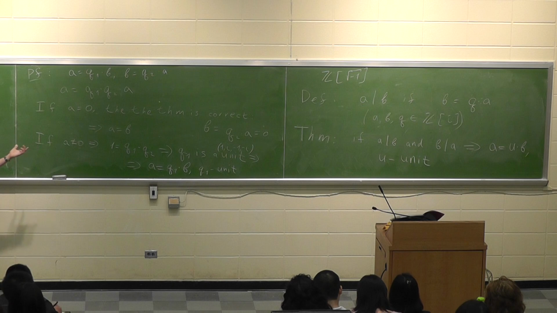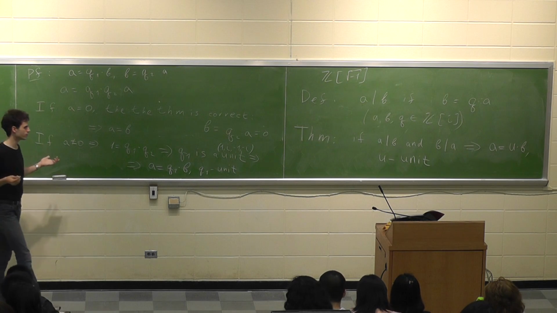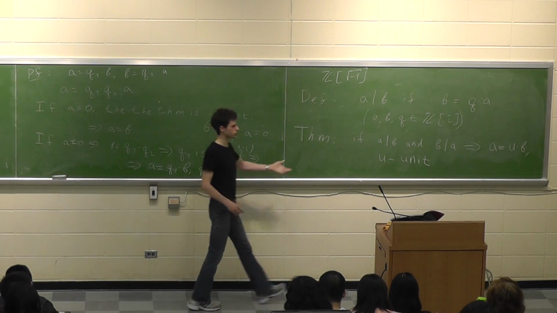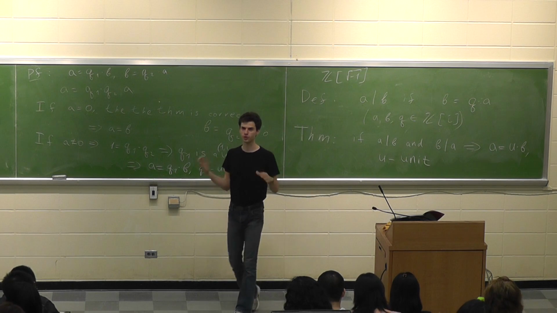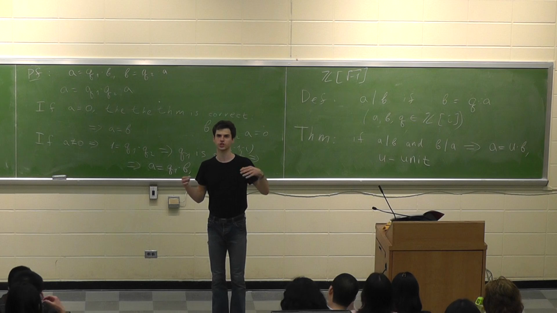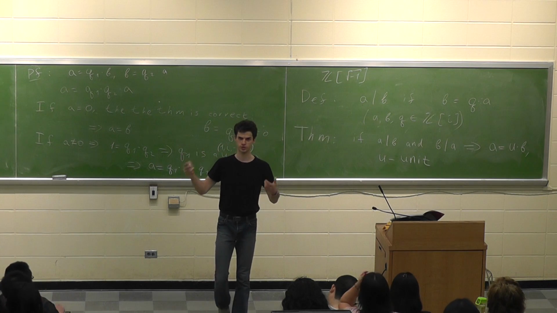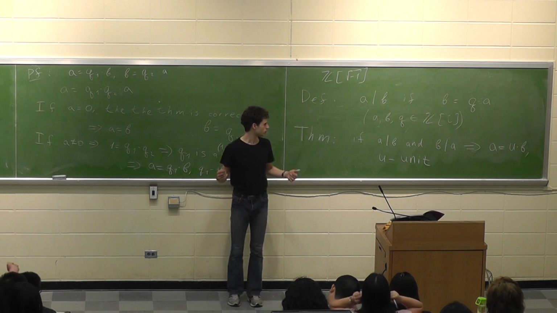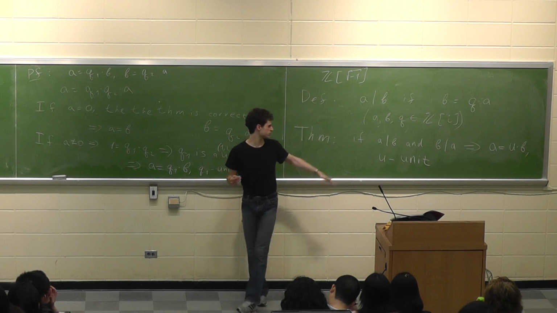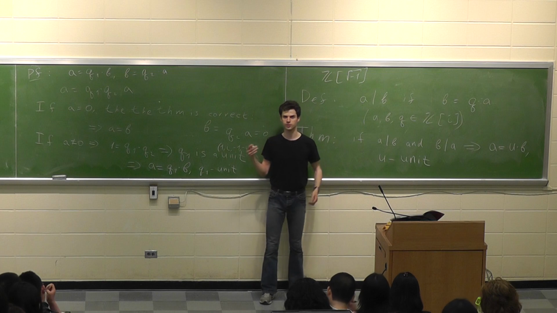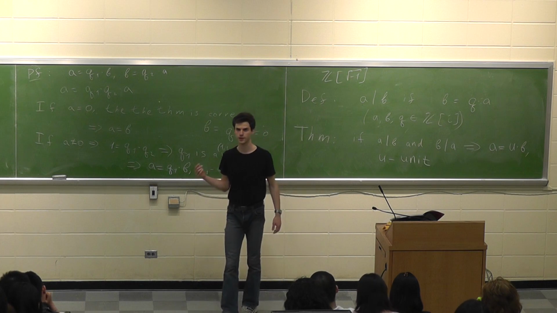So this kind of statement holds, just like it holds in usual integers, except for what we mean by a unit. In both cases we mean a number such that 1 over this number is also an integer, but in the usual integers it's plus or minus 1. In this case, you have two extra units: plus minus 1 and plus minus i.